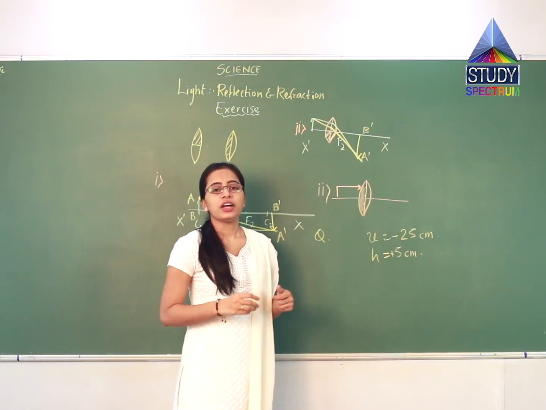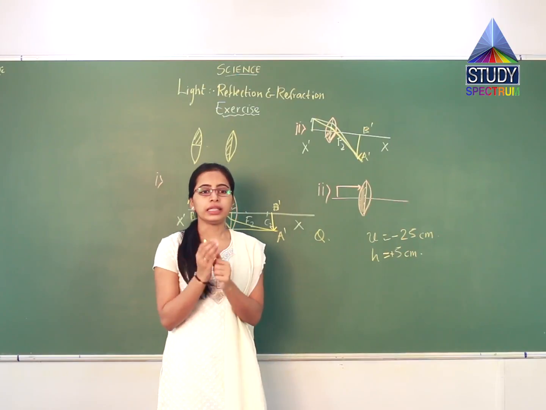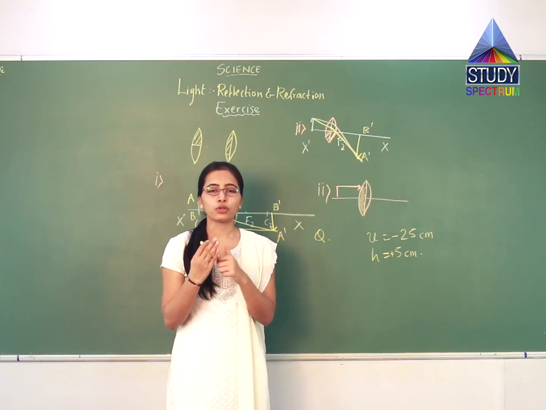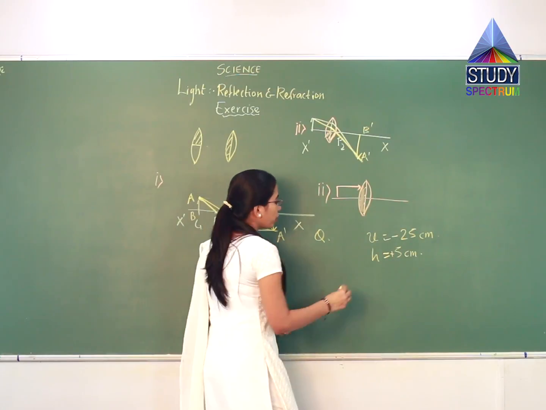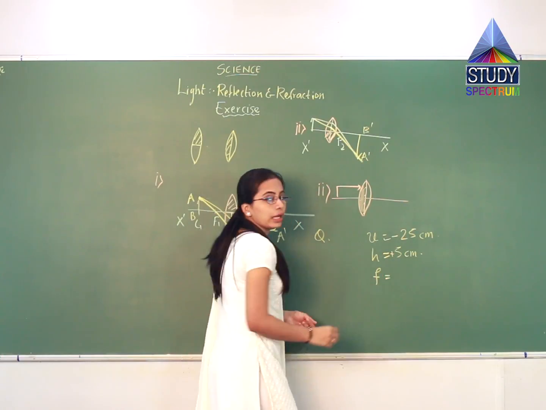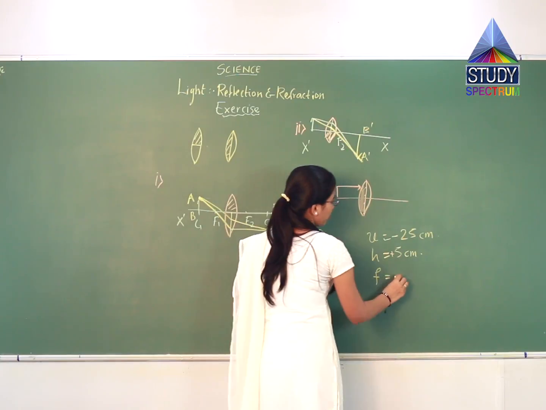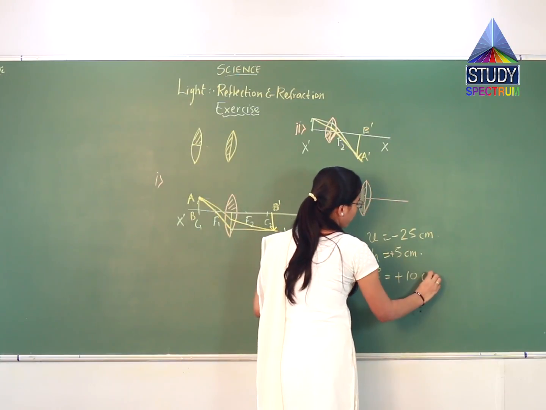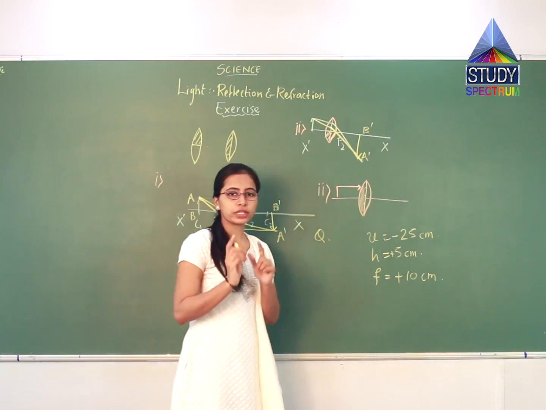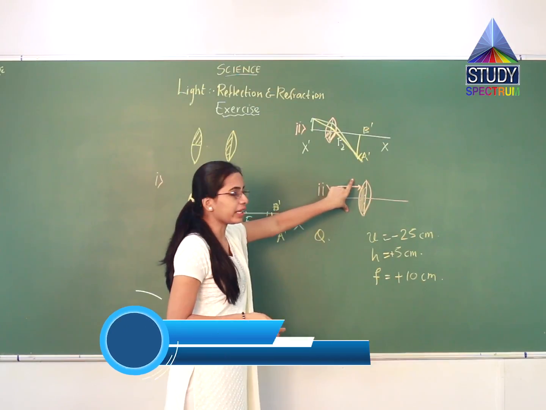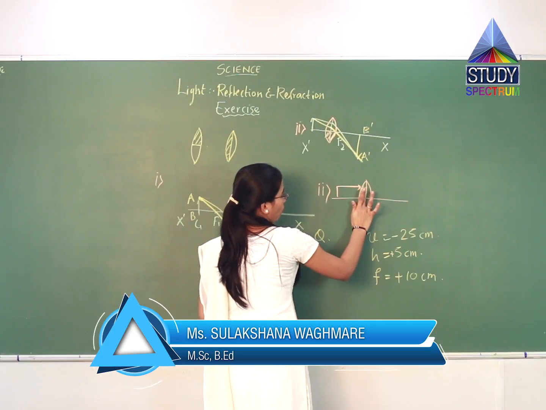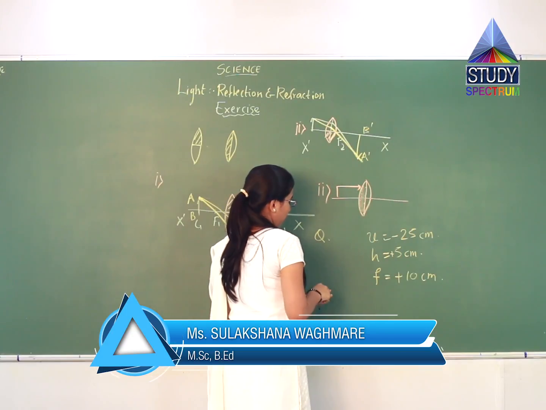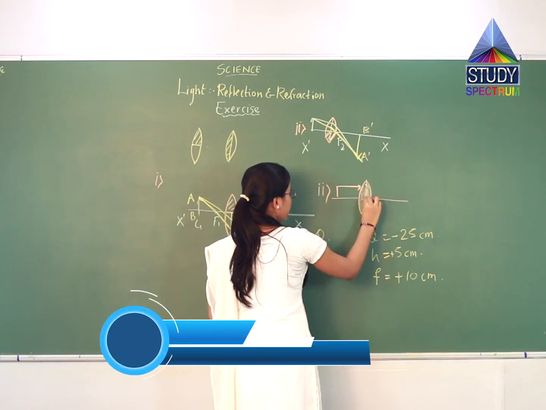Then again we have to find the size of the image, distance of the image and all. Focal length is given here. We will take the focal length as positive. Here we are using convex lens, right? So we can refer this figure also. For the convex lens, suppose I will complete this.